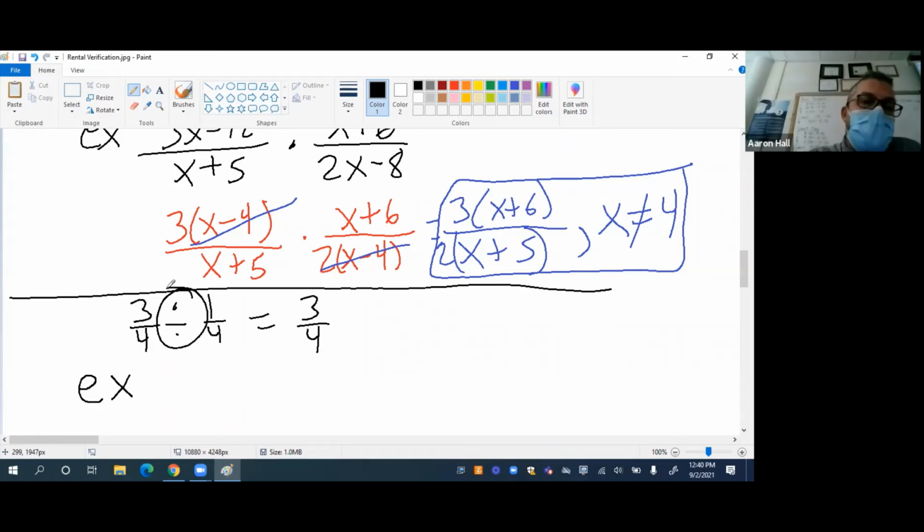We change the division to multiplication. And we flip 4 over 1. That equals, well, at this point, we could multiply 12 over 4, or we can do cross simplification. Cross this out, we're left with 3. The answer is 3.